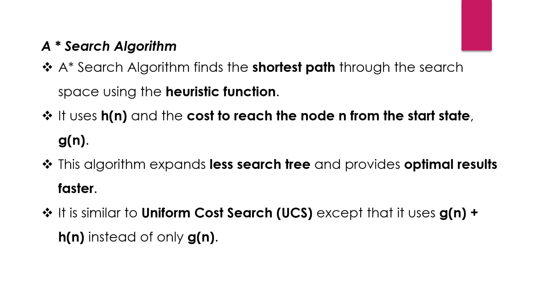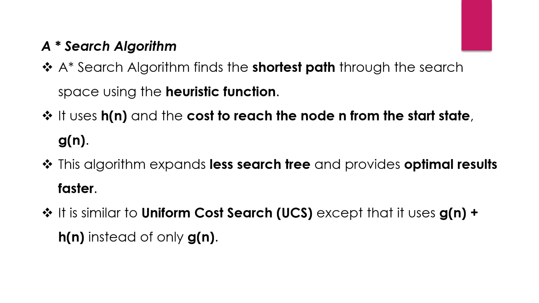A normal search algorithm may simply keep exploring roads until it finds the destination. But A-star is much smarter. It predicts which path is likely to reach the destination faster. That is why A-star is called an informed search algorithm. It uses additional information called a heuristic function.